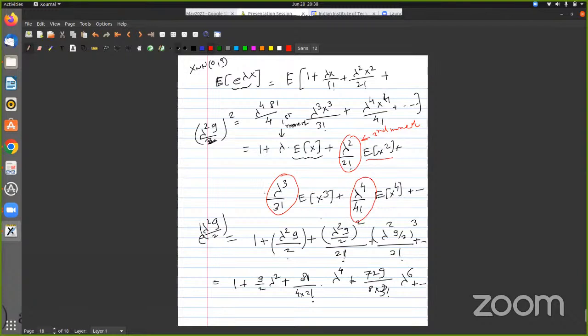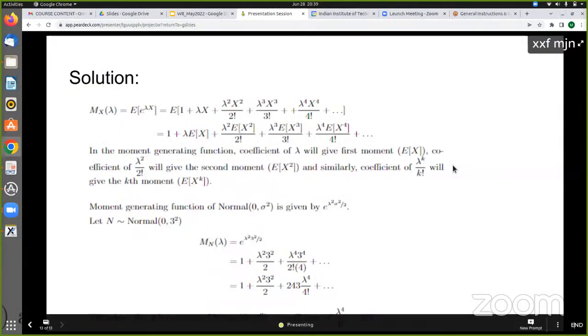So if I compare, because both these things are same, right? This thing and this thing. Should we go for one more expansion? Not required, I think. One minute, I'll just see. Coefficient of lambda.